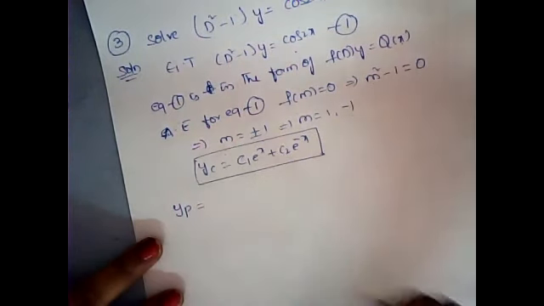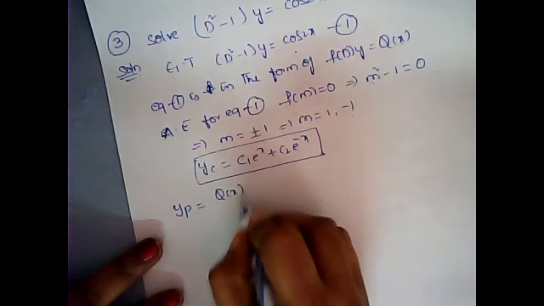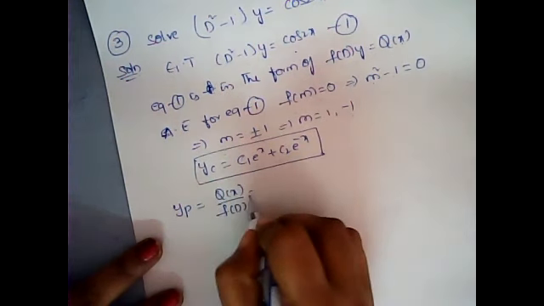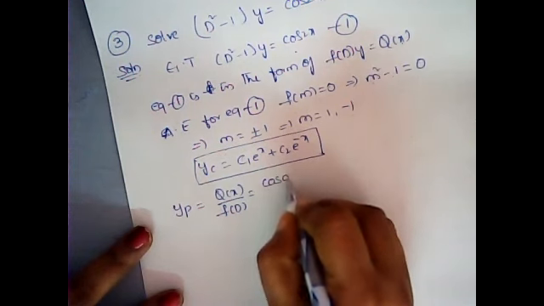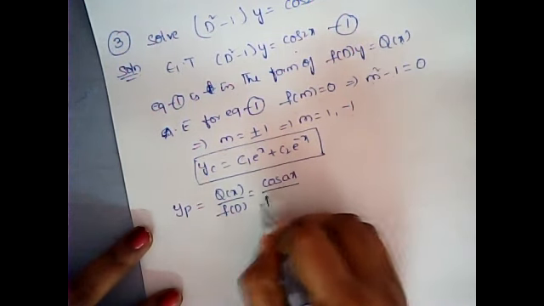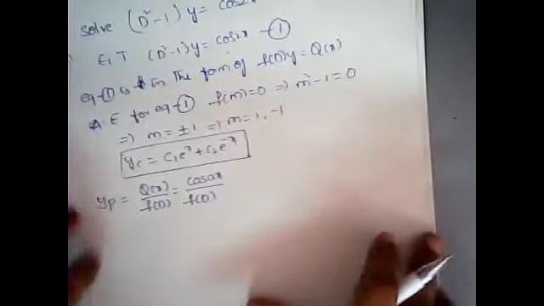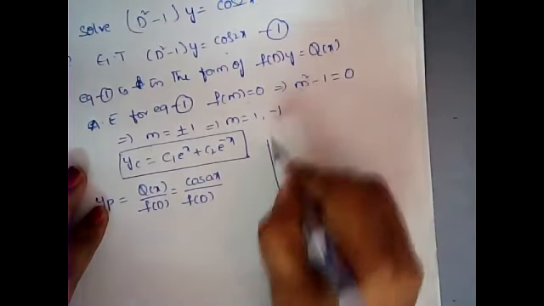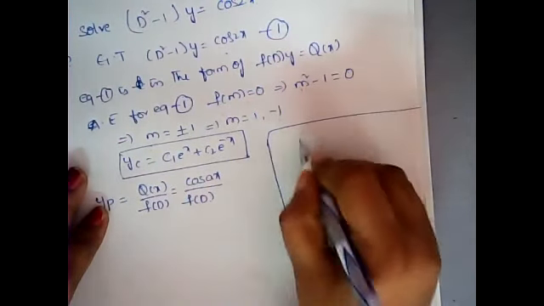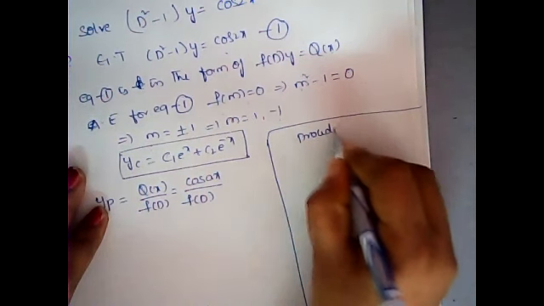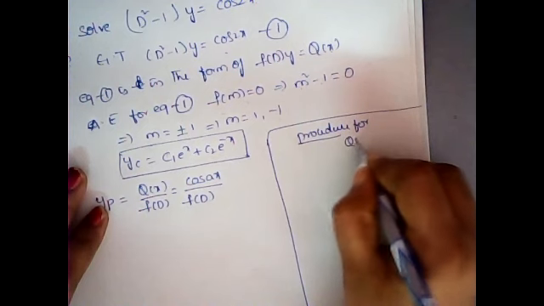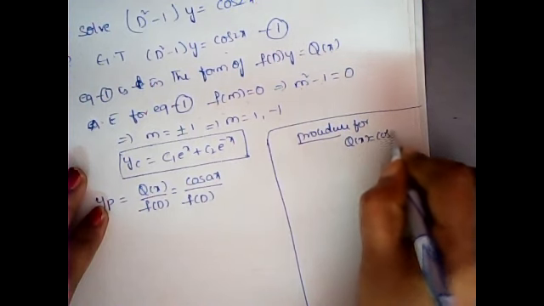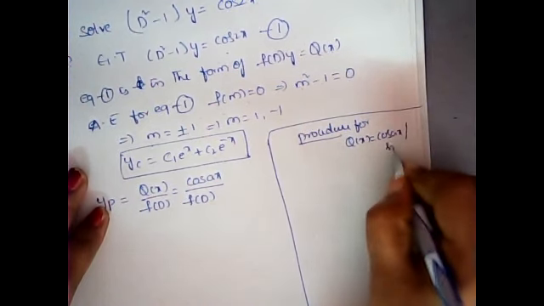Now let us find out yp. yp is equal to Q of x by f of D. Q of x is in the form of cos ax, so cos ax by f of D. Now let me explain the procedure for Q of x equal to cos ax or sin ax.